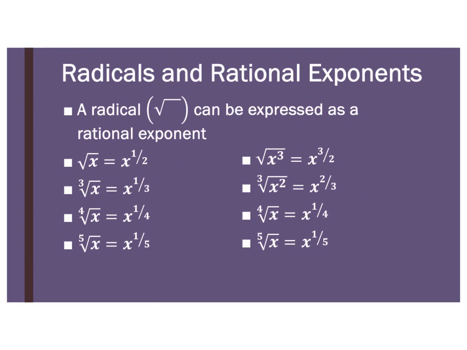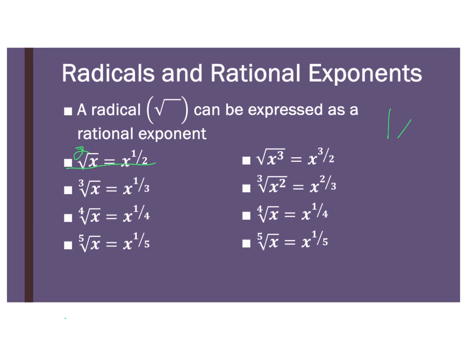Okay, radicals and rational exponents. A radical, that's the square root sign, can be expressed as a rational exponent. So the square root of x is x to the 1/2. The 2 here, right, there is a 2 right there. It's just not written.